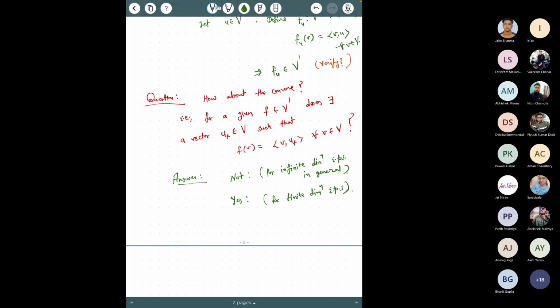So first, let us look at an example of an infinite dimensional inner product space where this is not true. And since for finite dimensional inner product spaces it is always true, based on that, we will define the adjoint. Okay, so let us look at this example here.